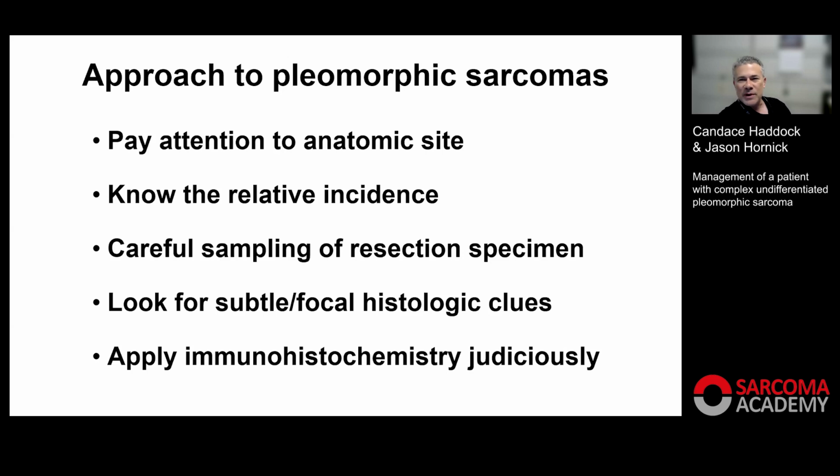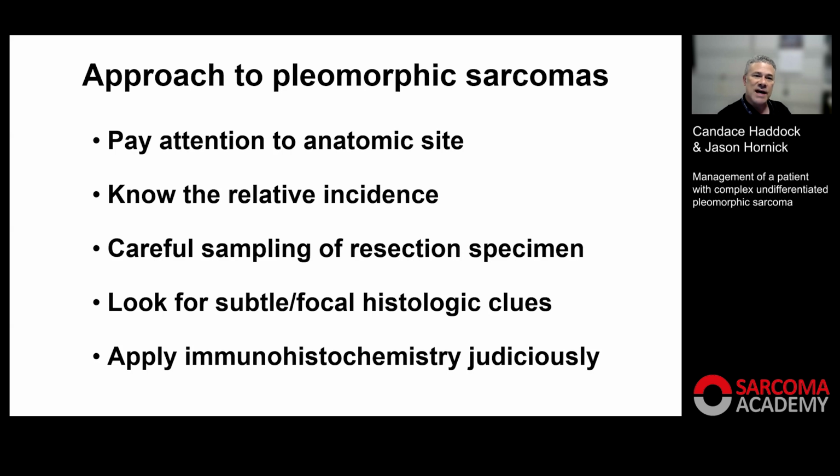So I'm just going to spend a few minutes before we move on from the case to talk about what we do as pathologists when we approach pleomorphic sarcomas. And understanding epidemiology is so helpful, really, for all of surgical pathology, but it applies, I think, almost more than anything for bone and soft tissue tumor pathology.